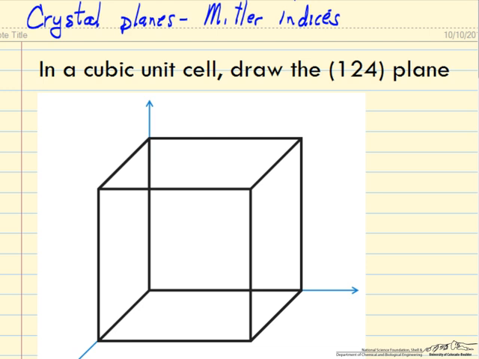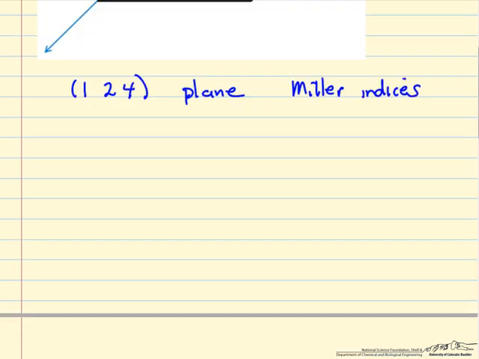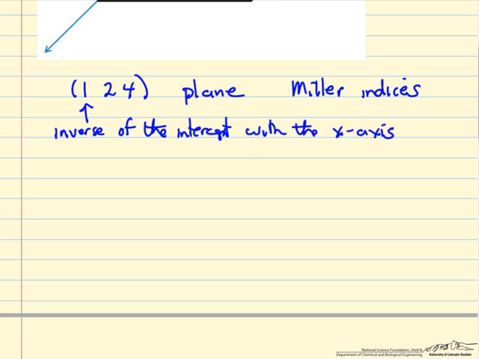explain the notation. And what we're looking at in this first problem is draw the (124) crystal plane. So the notation means that for the x direction, this is the inverse of the intercept of that plane with the x-axis. And this is inverse y-axis, inverse the z-axis. So 1 over 1, 1 over 2, and 1 over 4 correspond to the intercepts.